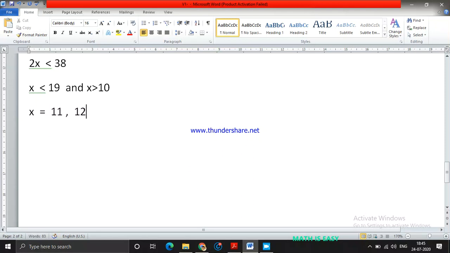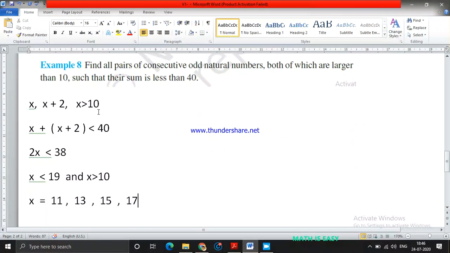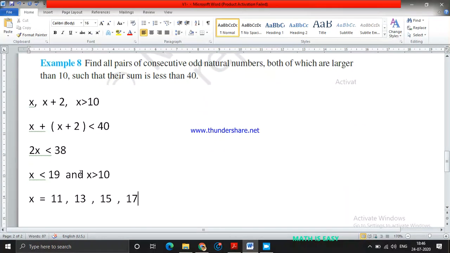Then 12, oh sorry, you cannot take 12 because they said odd natural numbers. So 11, 13, 15, then 17. I think that's it. You cannot take 12, 14, 16 because x is an odd natural number.